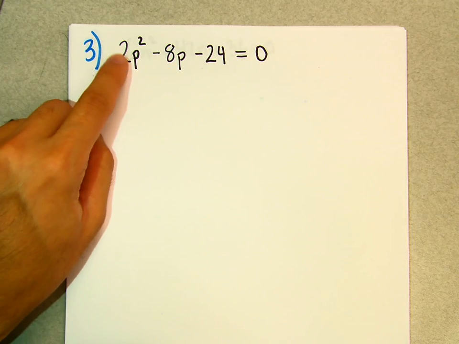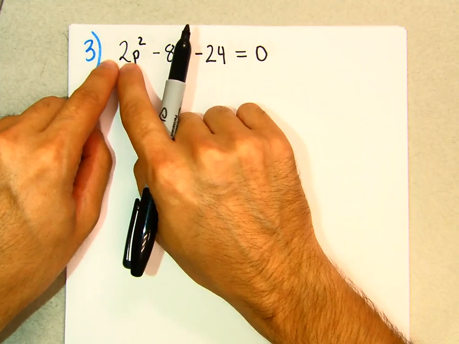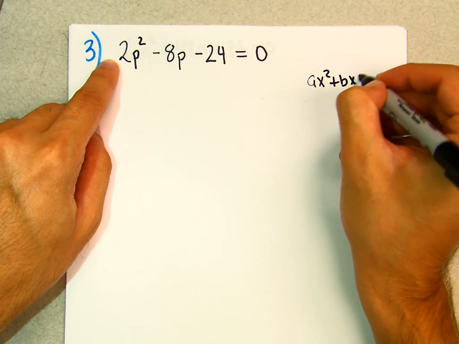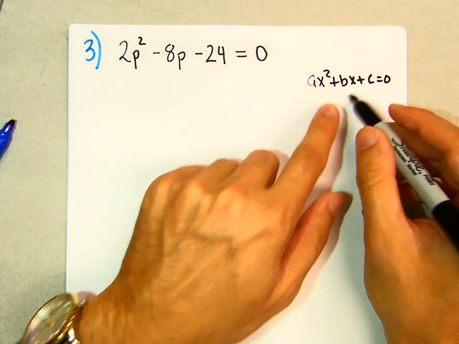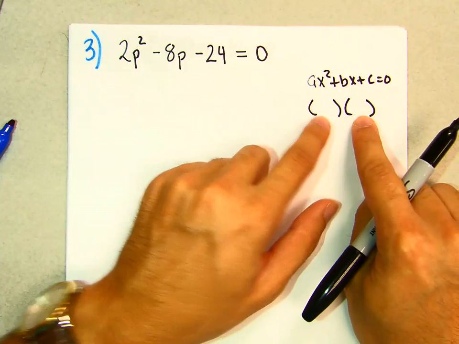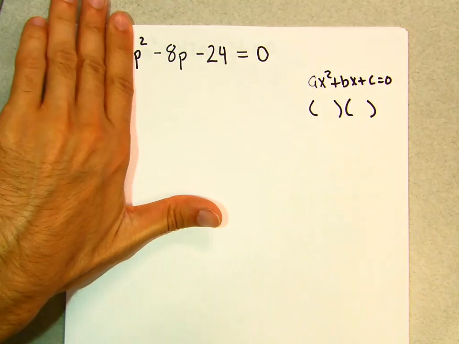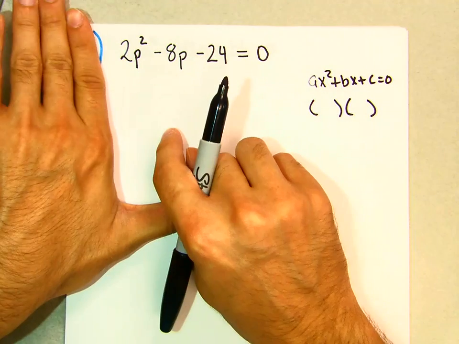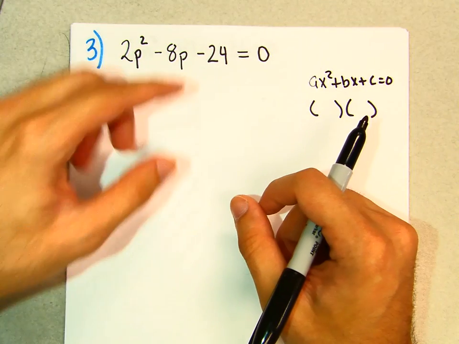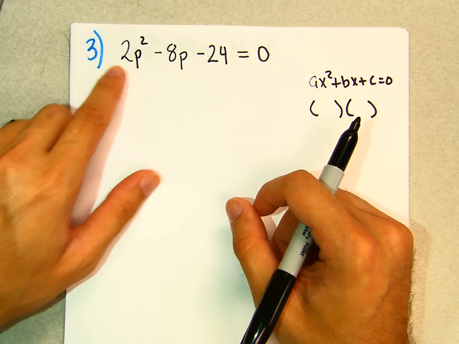No. There is a 2 over here for the coefficient. Remember, if you have ax squared plus bx plus c equals 0, you can only factor this way when x squared is by itself. But there's a 2, so you can't do it.